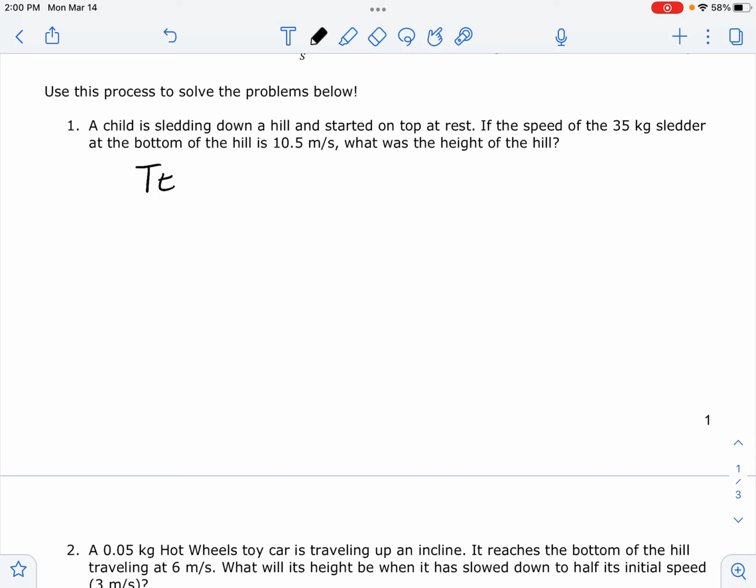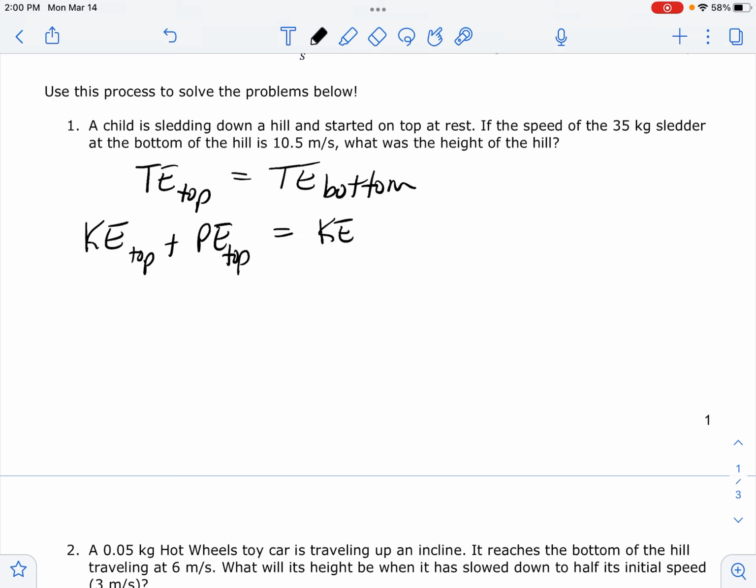We're going to say the total energy at the top of the hill is equal to the total energy at the bottom of the hill. To find the total energy at the top, we have to take the kinetic energy plus the potential energy. Same at the bottom. Kinetic energy at the bottom plus the potential energy at the bottom.